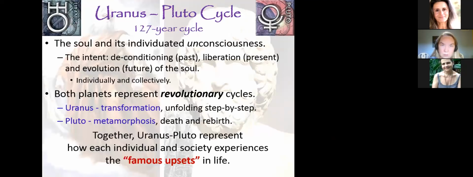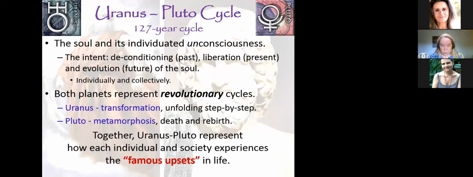And the intent of the cycle between these two, Uranus and Pluto, is to decondition ourselves from the past, to liberate ourselves in the present moment and to evolve ourselves into the future of our own soul. Now, we'll do this individually. We'll do this collectively as groups of people. We will even do this globally as a human species as well.